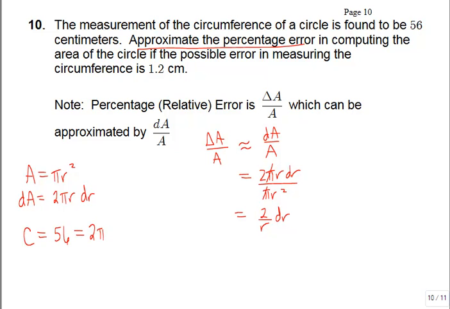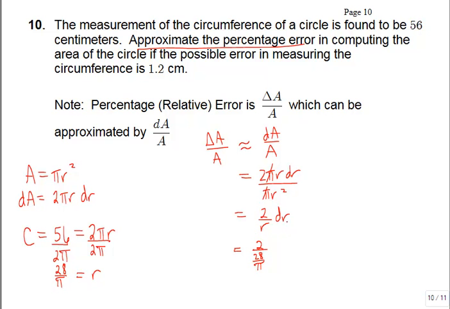It's 2 pi r. And if you know that the circumference is 56, you can use that to solve for r. Just divide by 2 pi. So they didn't tell me directly, but there's enough information to figure out that our radius is 28 divided by pi. So now I can at least plug that in for my r.